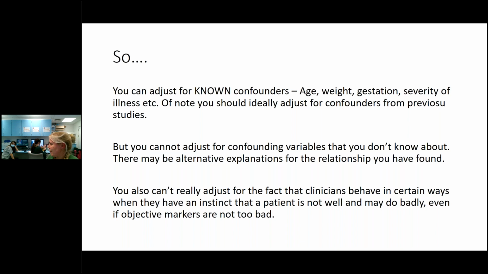So you can never adjust for that feeling of doom. Objectively, the patient's got a normal PIM score, fine oxygenation, their lactate's okay, but you take one look at them and you think, bloody hell, call the priest. You can't adjust for that in an analysis, clinician feeling.